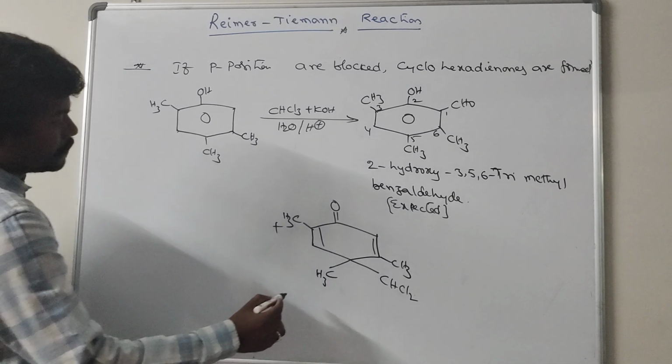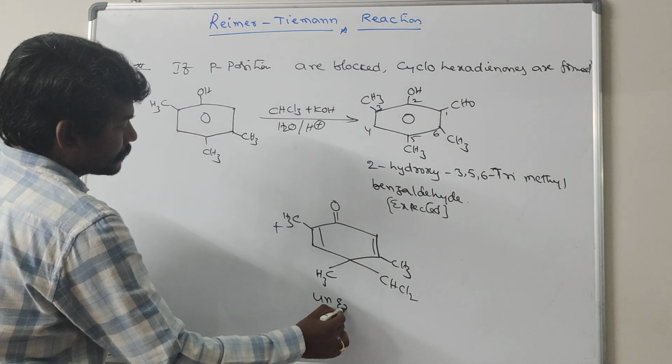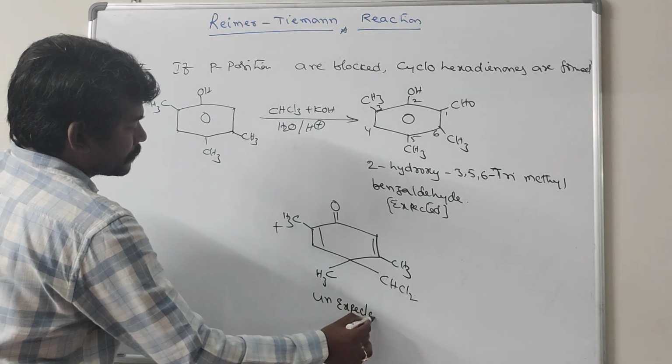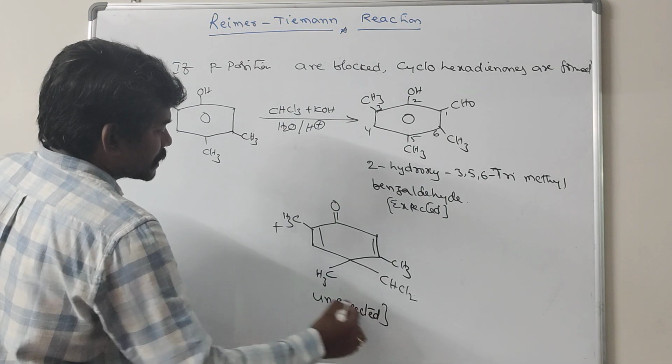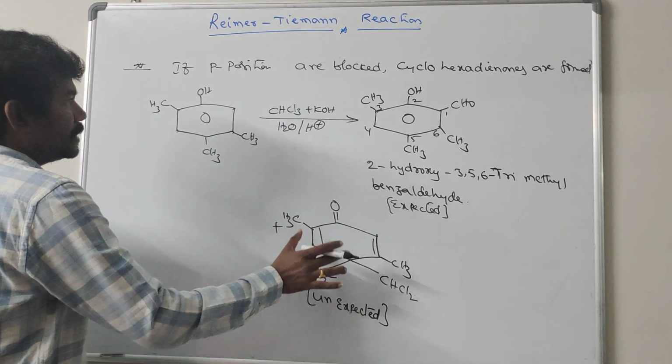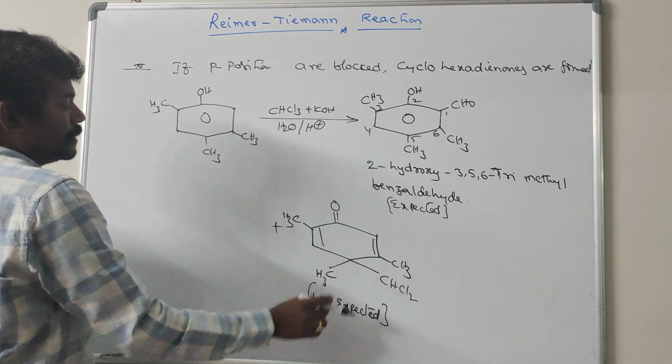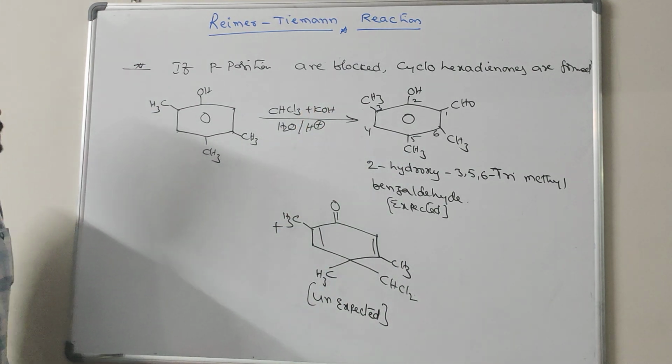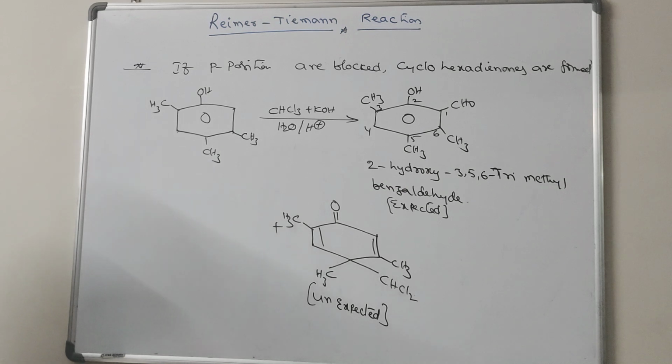This is the unexpected product. The name of this cyclohexadienone is 2,4,5 trimethyl 4-dichloromethyl cyclohexadienone.